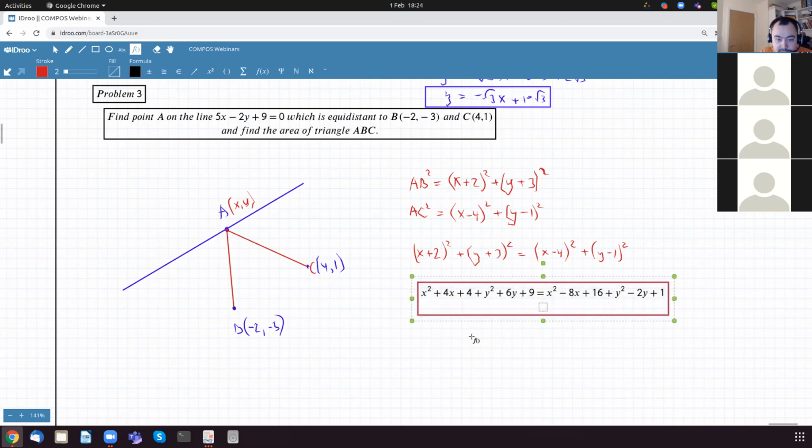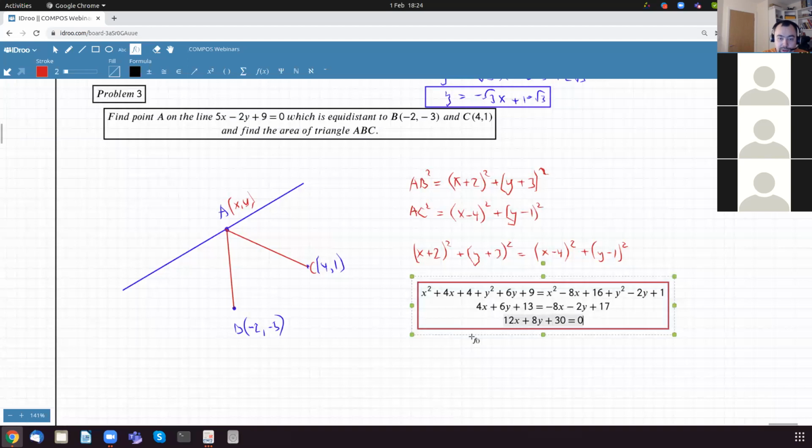X squared and y squared cancel out. We get 4x plus 6y plus 13 has to equal minus 8x minus 2y plus 17. Or in other words, 12x plus 8y plus 30 equals 0.